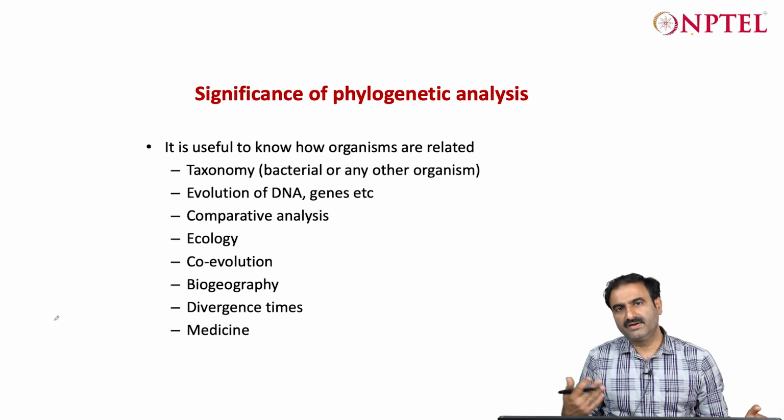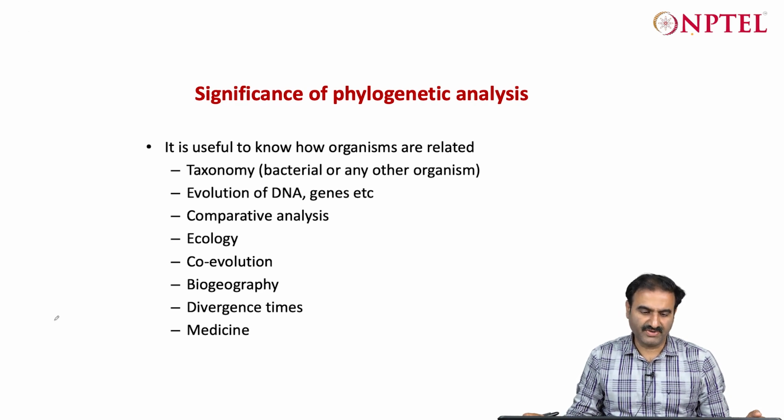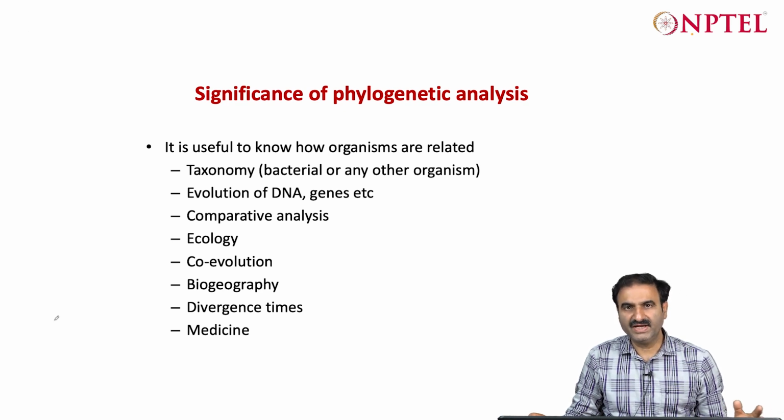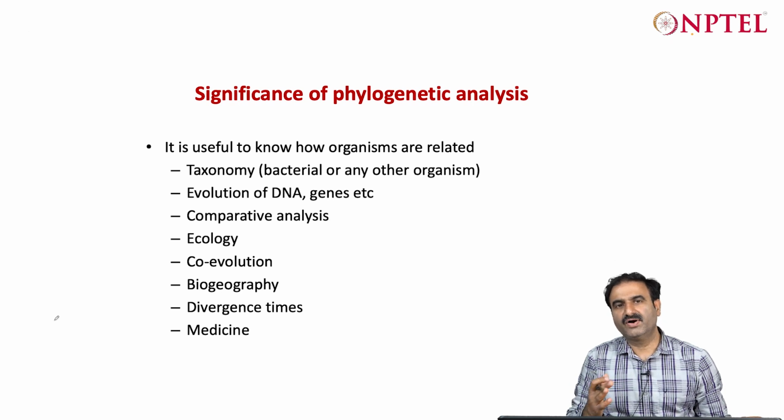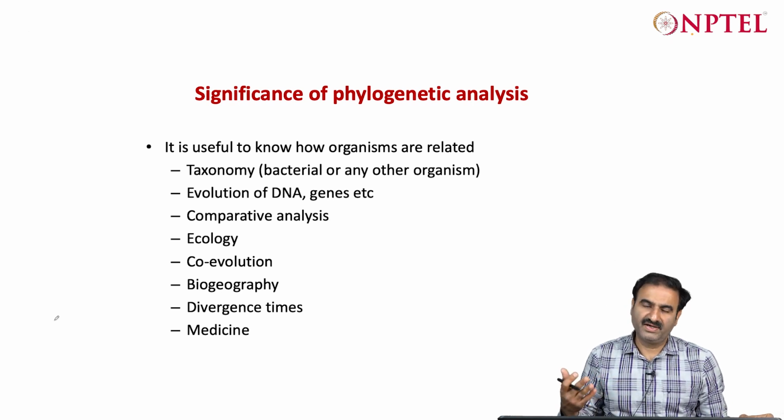We compare their genomic regions to look at how the conserved genes as well as the species-specific genes change. From the ecological perspective, we look at where they exist and what they need from each other. If we know the tree, then we can know that in a given geographical location these are the variants of a particular genus, in terms of species, that exist.